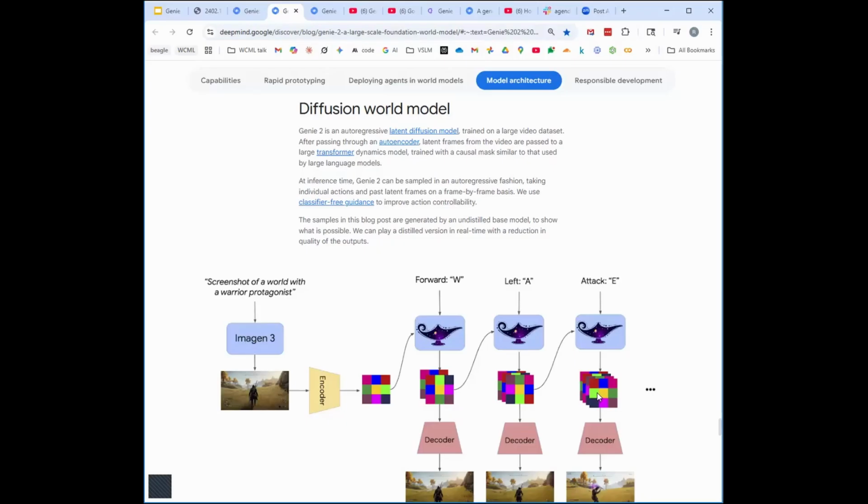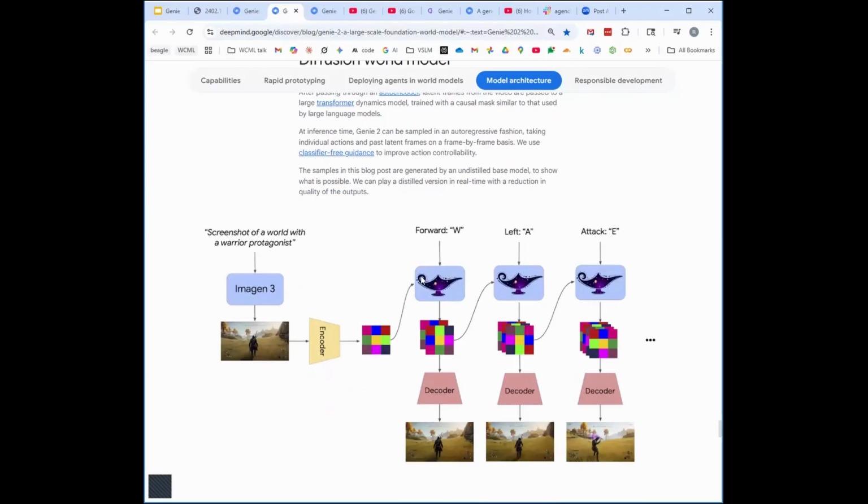So the spatial temporal transformer is the dynamics model, which generates the next latent representation. And then this decoder becomes a diffusion from that latent representation. I'm anthropomorphizing a little bit, but it's like last frame, except Mario's a little bit further to the right, and whatever bad guy is a little bit lower.